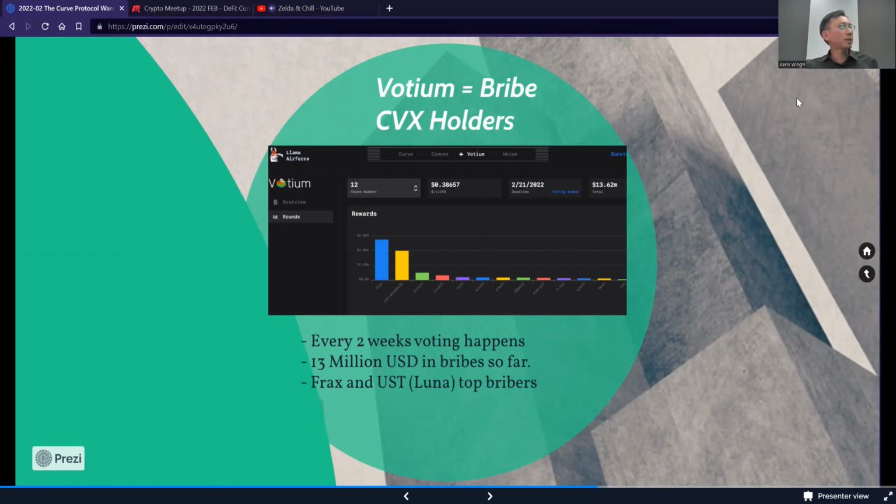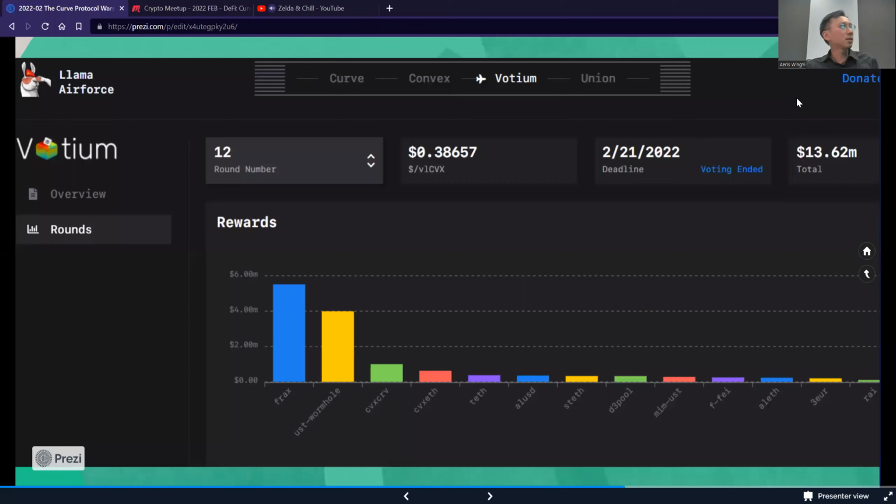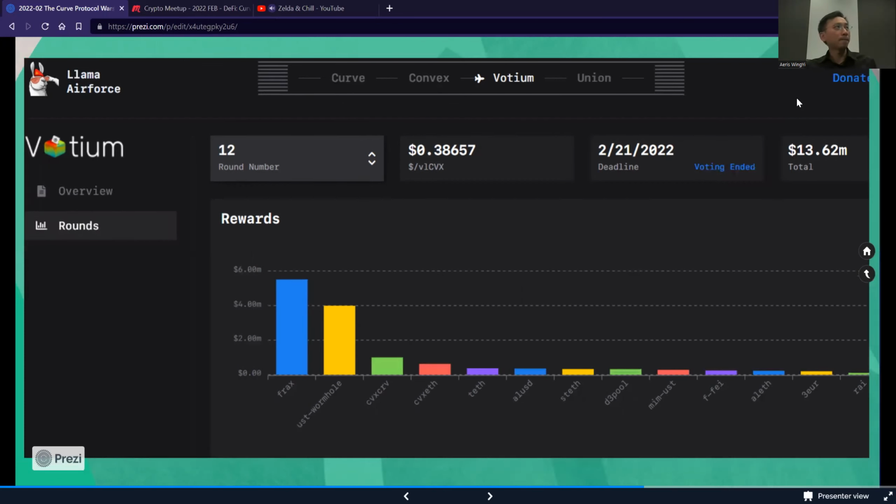I'm not sure exactly, but total bribes that have been given out so far is $13 million. So that's a lot of free money where all you do is vote for the pools, and they just give you their token, like Frax token, USDT, Luna, and then you got a whole bunch of other projects trying to get a share of the Convex pie.